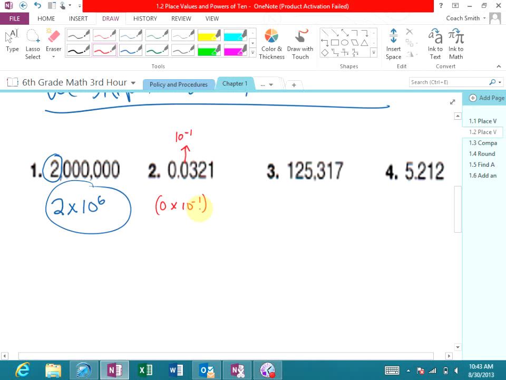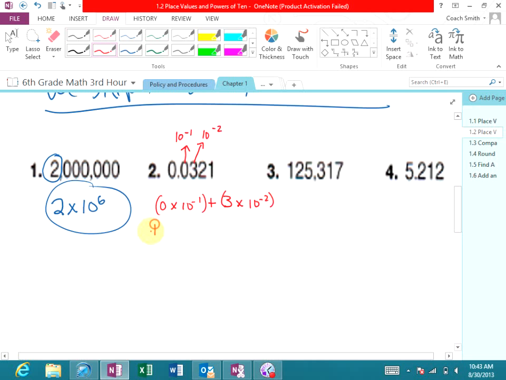We're having trouble with our books and spirals today. Then I'm going to put a plus sign. Then this is 10 to the negative second power. So I'm going to take 3 times 10 to the negative second power.